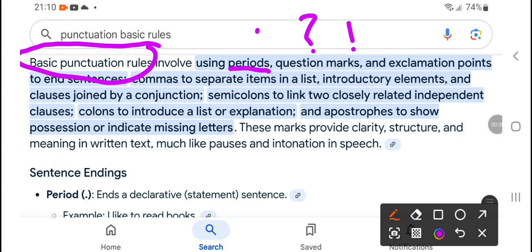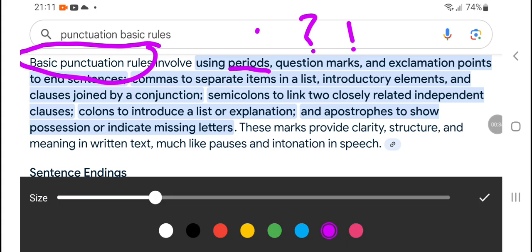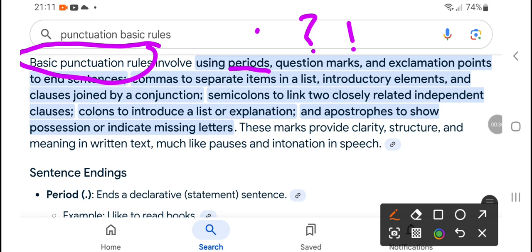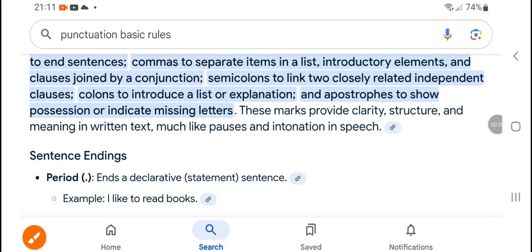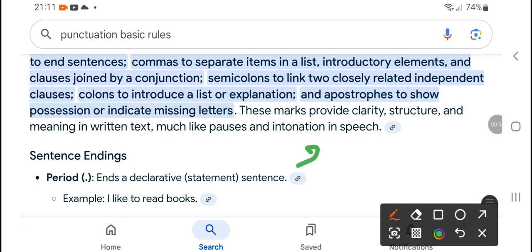These are very important, and we all know that these three marks are used to end the sentence, right? So for ending the sentence we use a dot or period, question mark, or exclamation mark.